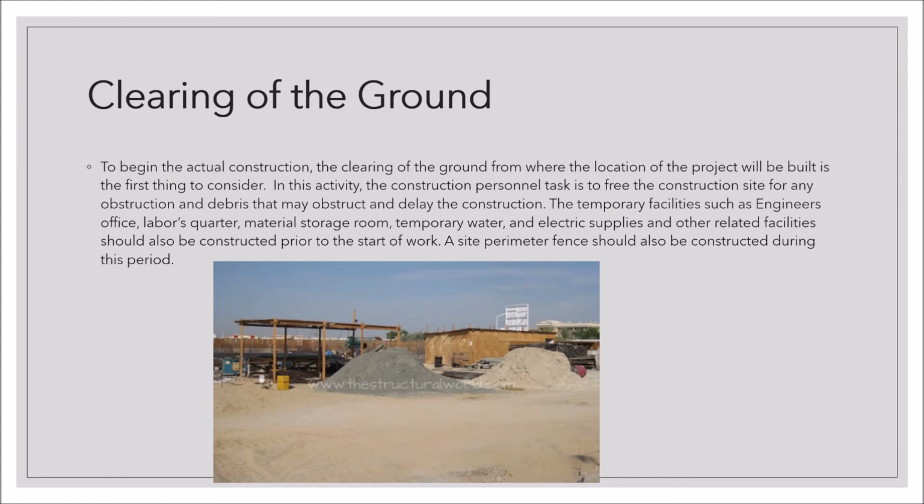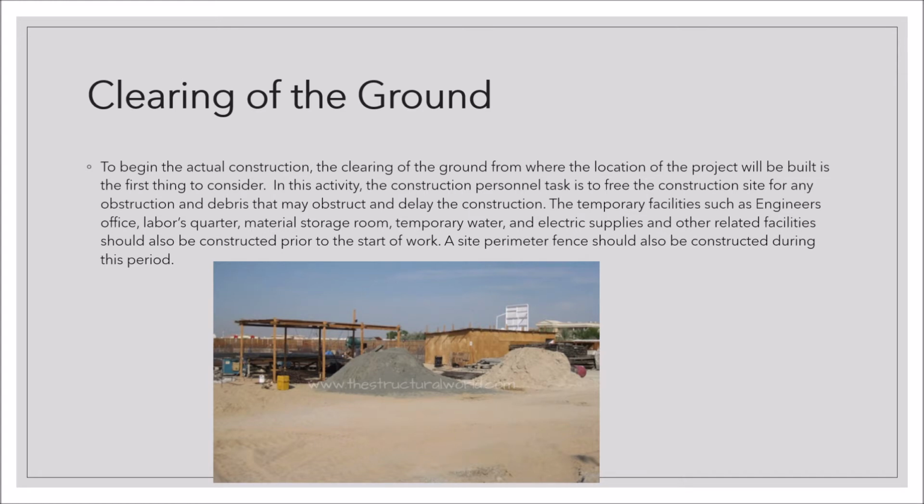Temporary facilities such as the engineer's office, direksi keet, as we call it in Bahasa, labor's quarters or bedeng, material storage room or gudang, and temporary water and electric supplies and other related facilities should also be constructed prior to starting work. A site perimeter fence should also be constructed during this period.